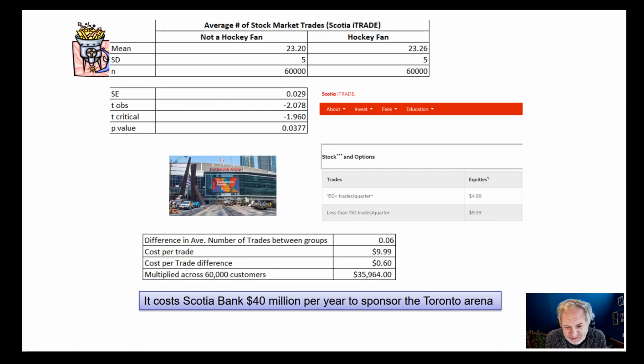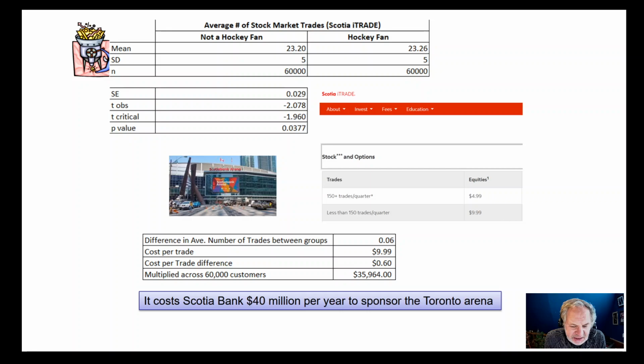I'm looking at a difference of 60 cents, 0.06 multiplied by the $10, and then multiplied by 60,000 means that I'm looking at basically roughly around $36,000 in net revenue for this study for 60,000 people.